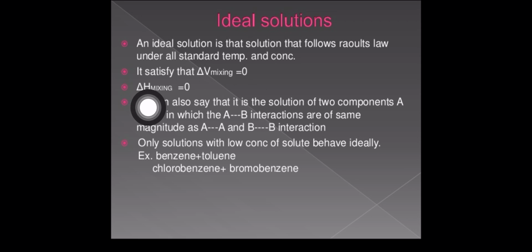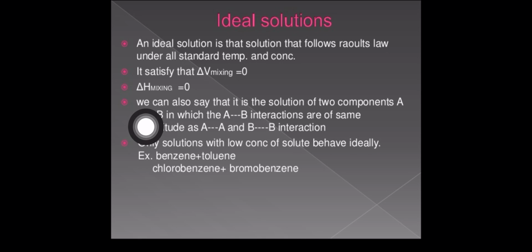In the same way, delta H will also not change. The enthalpy of component 1 and component 2, when we do the summation, will be equal to the enthalpy of the mixture, or we can say the temperature will remain the same. So why does it happen like this in an ideal solution?